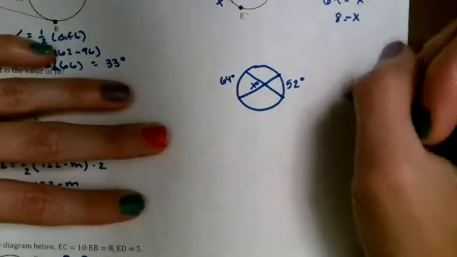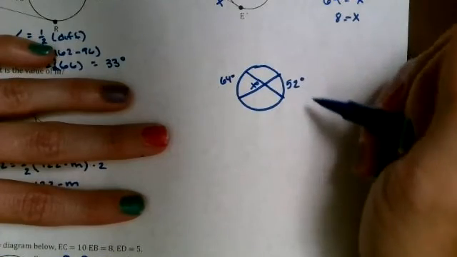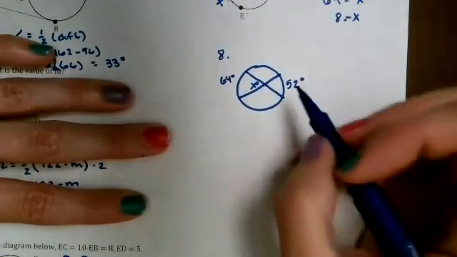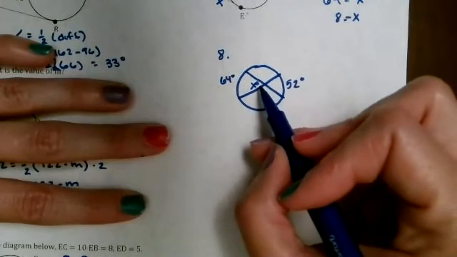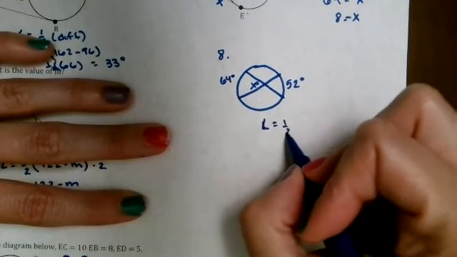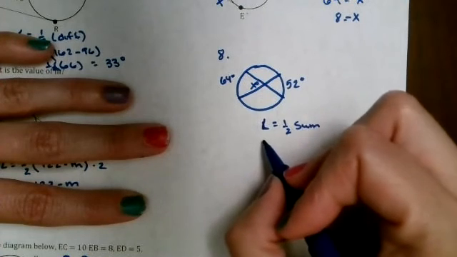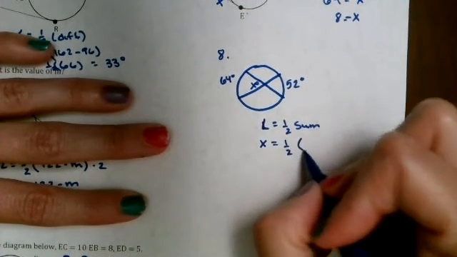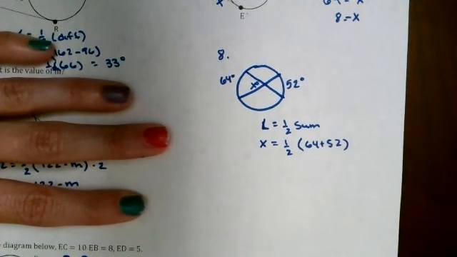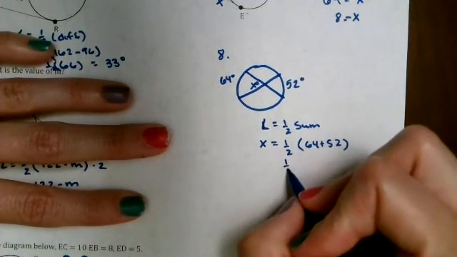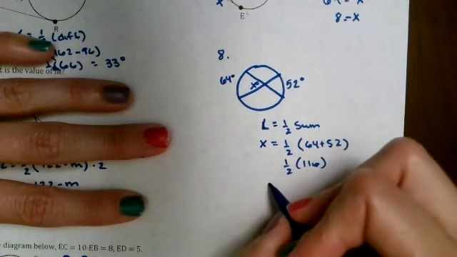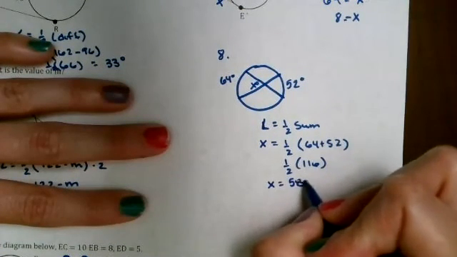And if we need to find x, since we have 2 chords, and this is going to end up being number 8 on your papers, we have 2 chords, and we're trying to find this angle. The formula is going to be that the angle is equal to half the sum. So x would equal half of 64 plus 52. So half of 116. So our angle would equal 58 degrees.